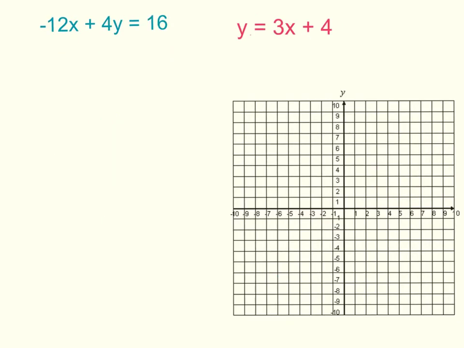Alright, here is our last example. We have one equation already solved, so I'm going to go ahead and graph that. The y-intercept is at 4, and then my slope is 3, so up 3 over 1, or down 3, left 1.